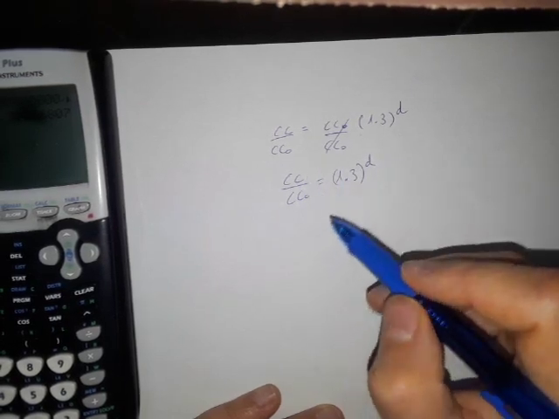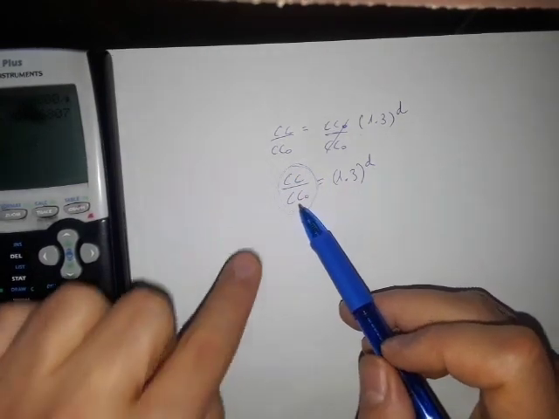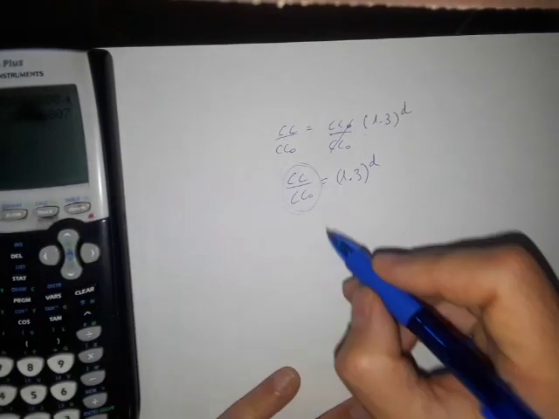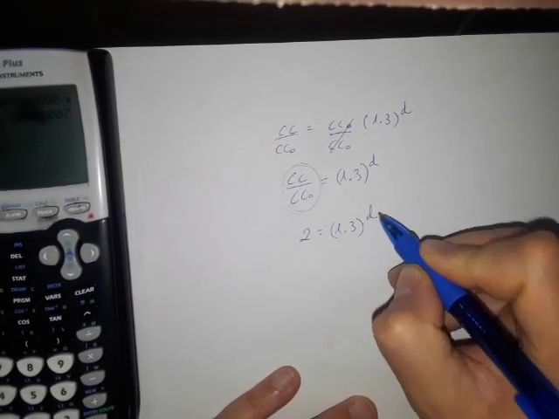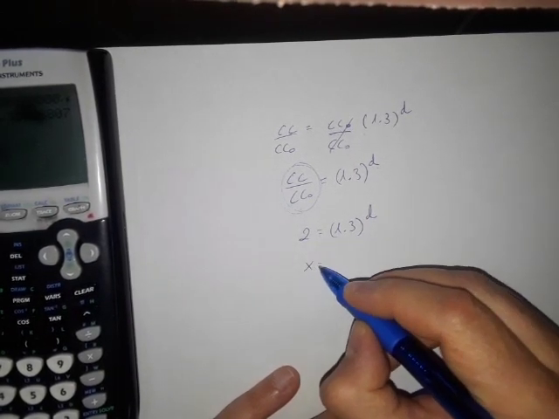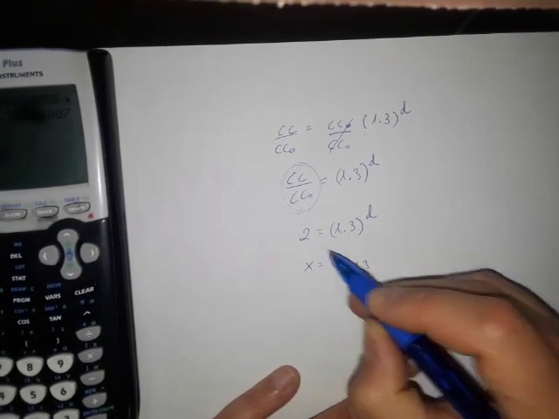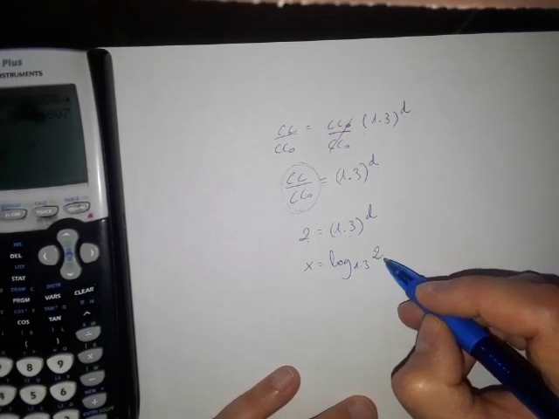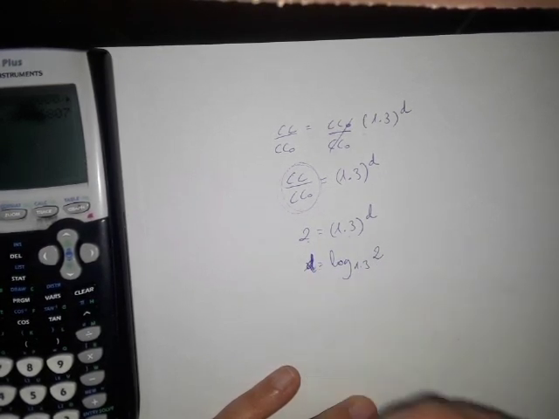And what we're saying is, how many days is it going to take for this to be 2? That means double, between this and this. So that's 2. Base 1.3, exactly the same math. This is y, which is 2. Oh, sorry, instead of x it's d, I was using x but it should be d.